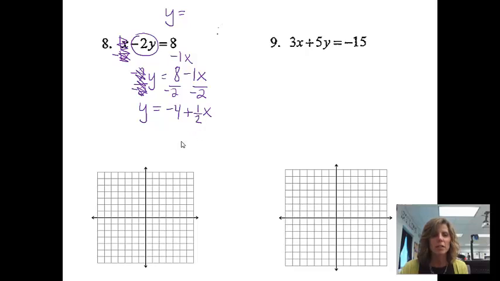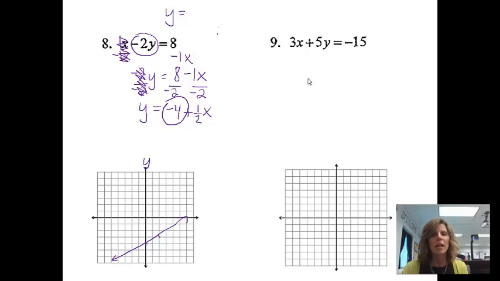This once again is now in a form that I know how to graph. I'm going to circle the part that doesn't have the x because that will be my y-intercept. So this line is going to cross the y-axis at negative 4. So go ahead and put a point there. And then from here, I know my slope is 1/2, so I'm going to rise 1 and run 2. And that's where I'll put my second point. And then we can go ahead and connect it.